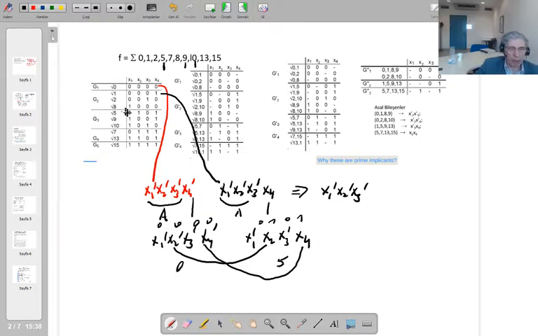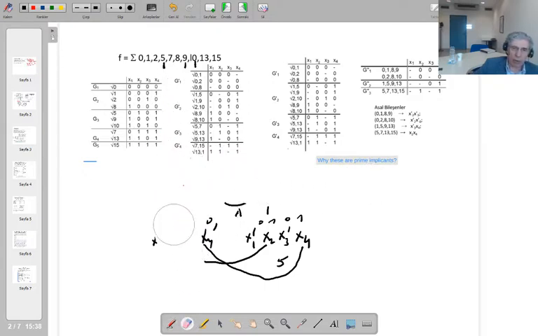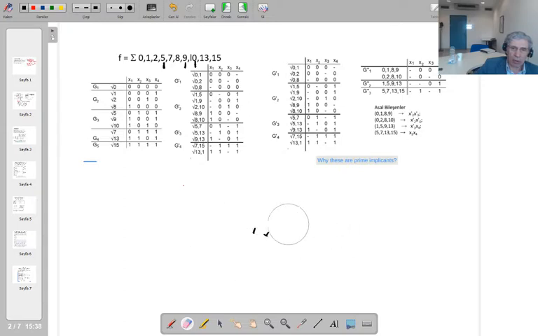So if we apply this now, let me clear this area once more and go one step further. If I compare 0 with 1, I end up with this one. Why is that? Because only x4 is changing, so there's a dash for this position.